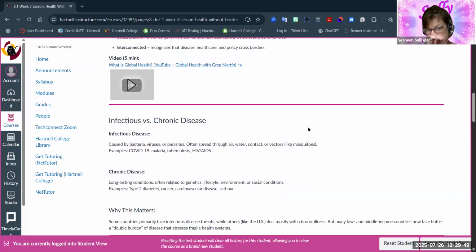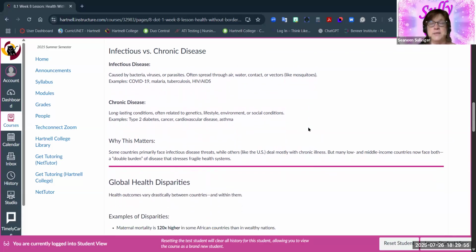And then having said that, looking at infectious and chronic diseases, right? So we talked about those definitions and why does that matter? Because if a country has disease threats, sometimes the country can only focus on, say, for example, a pandemic or something that's a disease threat as opposed to a chronic disease or other types like HIV, other viruses.